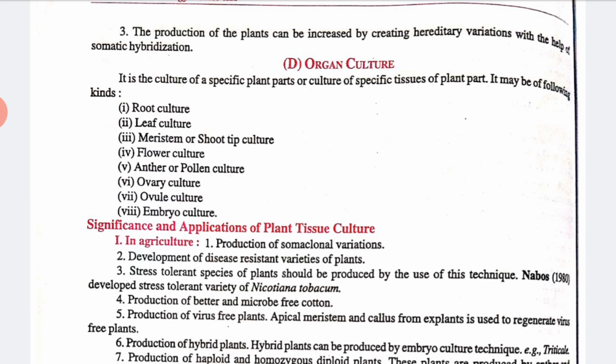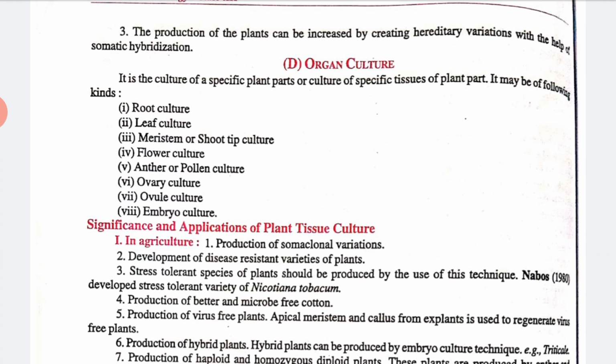This technique is used to develop adaptation in plant growth in saline soil also. The hereditary source of the plant can be conserved by this technique, and this technique is useful in the conservation of germplasm of rare species. It means that according to this we can also conserve rare species.